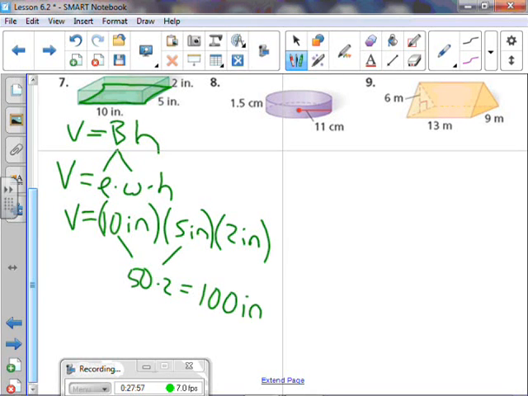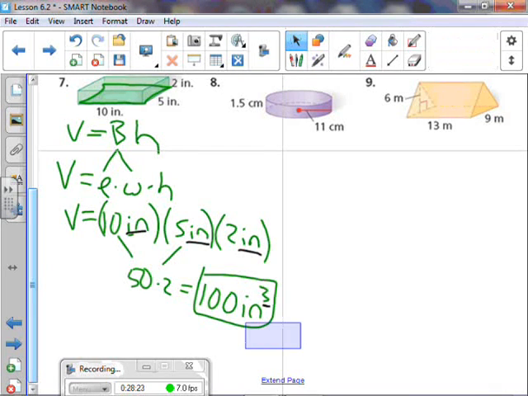And our units are cubic units because we had, to start with, inches times inches times inches. That's inches to the third power. There should be no pi here anywhere because we are not dealing with any shape that has a circle in it. So this is done. We have our answer. The volume is 100 inches cubed.